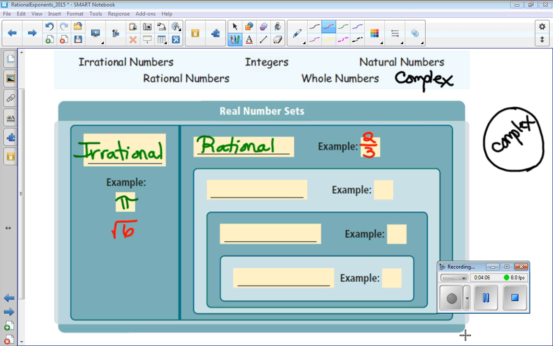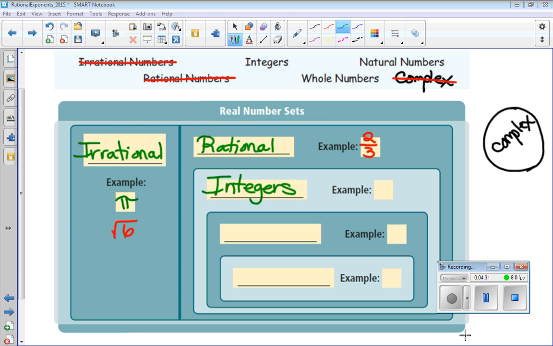So we've done irrational, we've done rational, we've done complex. So we've got this last set of 3 numbers here. Give me the next largest group among what's left. Integers is actually the largest group of what's left. Integers are going to be whole numbers and their opposites.